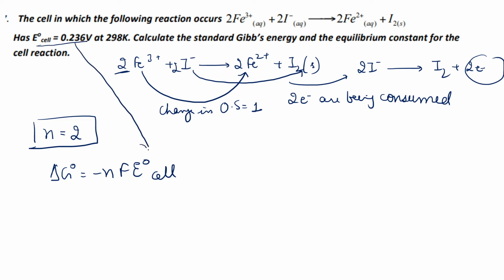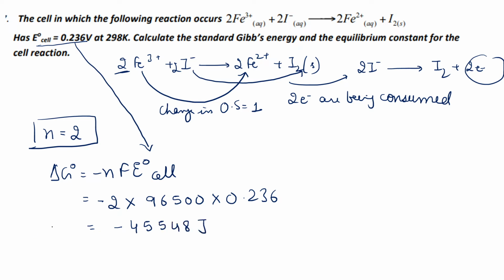Substituting N, that is 2, 96500 for Faraday's constant, and E naught value, that is 0.236, please calculate the value. The value will come out to be minus 45548 joules, delta G naught.